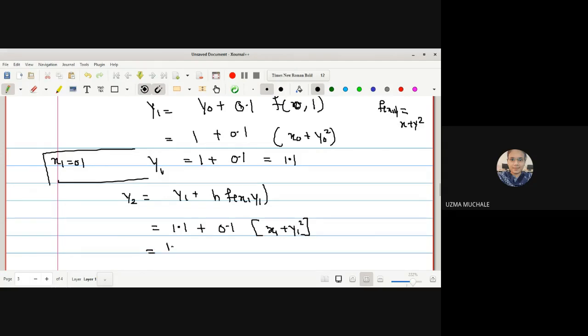Here we can write it as 1.1 plus 0.1 times, x1 is 0.1 plus y1, which we calculated as 1.1, square.